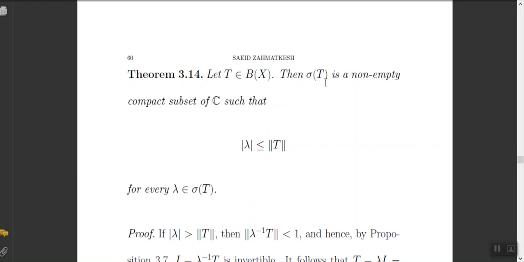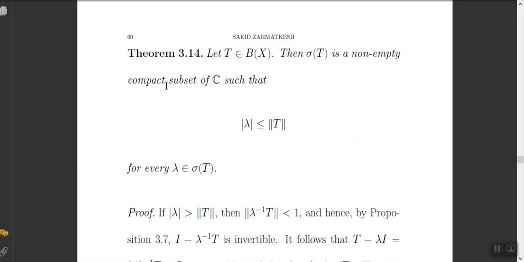Okay, look at here. This is interesting. It means the spectrum is a compact set, such that we have this inequality. So we will prove the compactness and this inequality, but we will skip the proof of non-emptiness because it's very complicated. I'm afraid that it is beyond the level of the class.